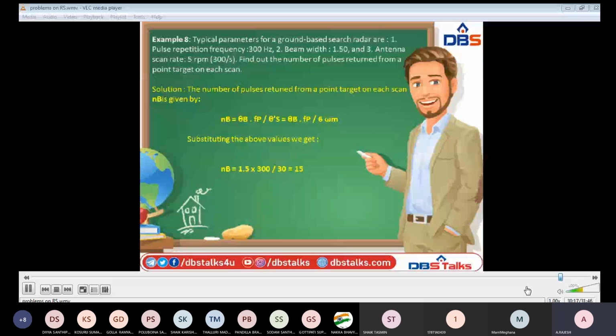I repeat, the pulse repetition frequency is 300, the beam width is 1.5, and the antenna scan rate is 5 RPM.